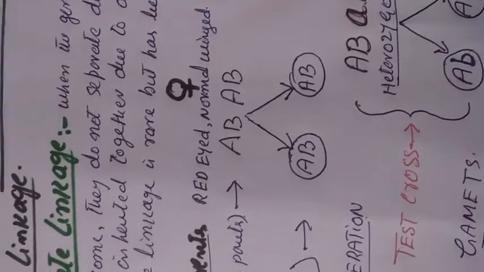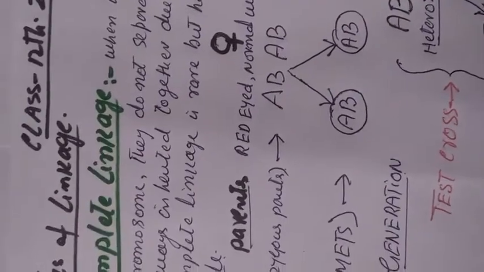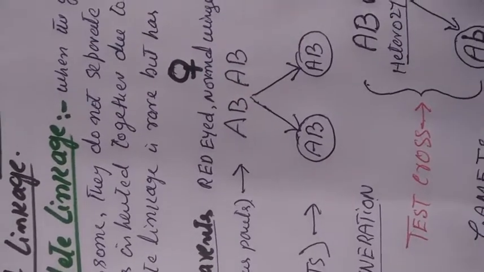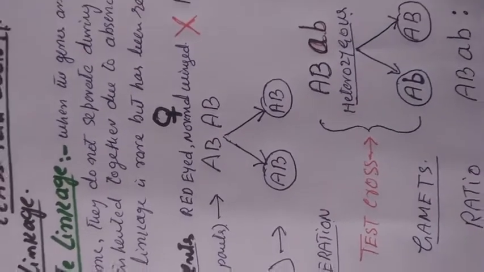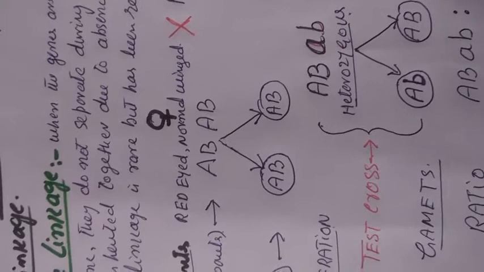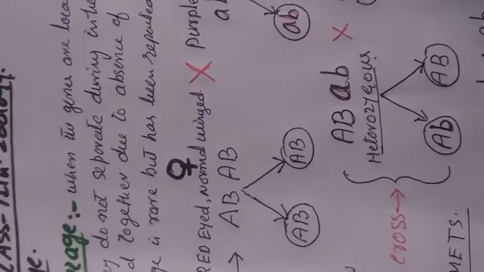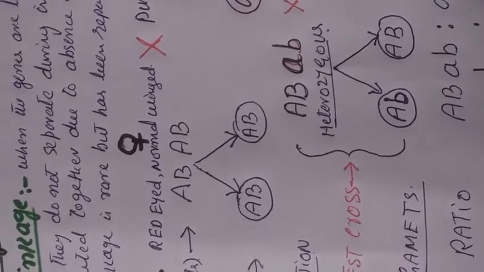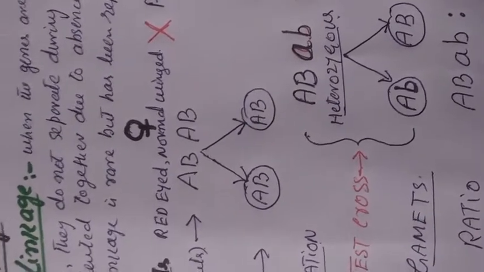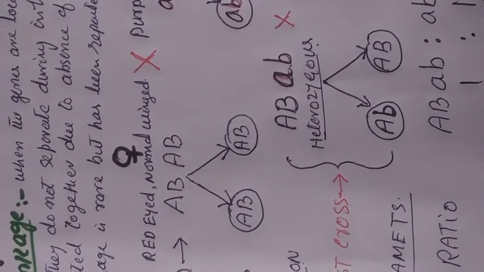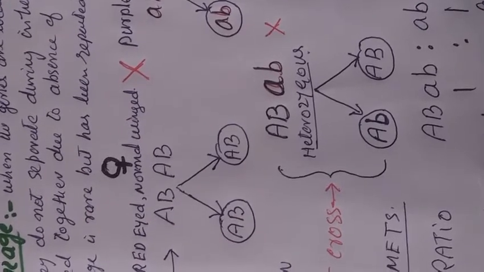When genes are located on the same chromosome, they do not separate during inheritance. They are always inherited together due to absence of crossing over. This complete linkage is rare but has been reported in Drosophila.